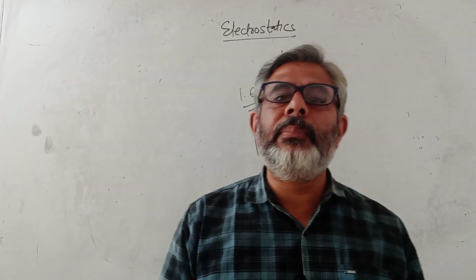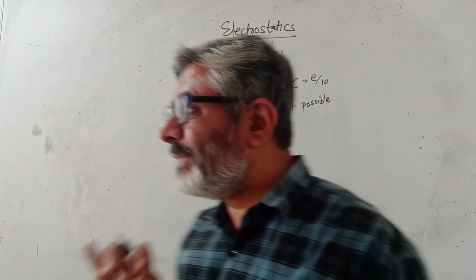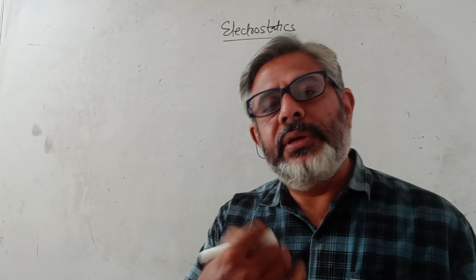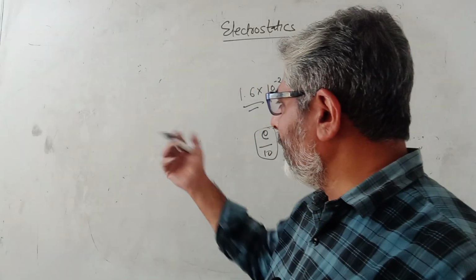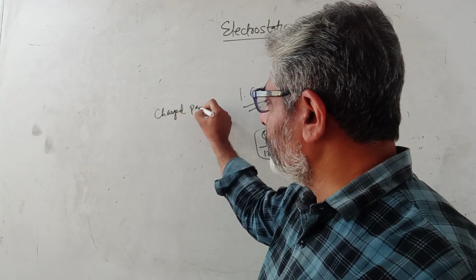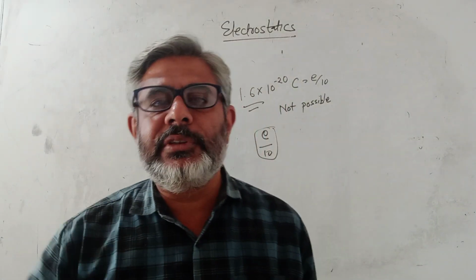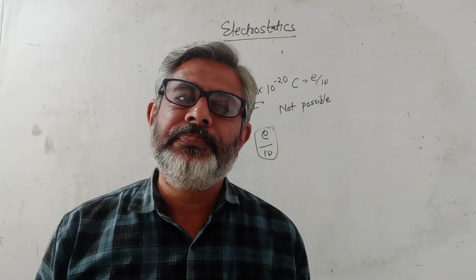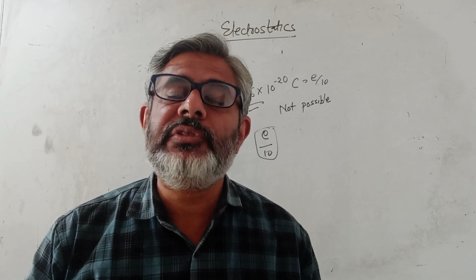You can rewind it and write down what I am saying: the total number of charged particles in an isolated system is conserved. You think this is conservation of charge, so you say it's right. But actually it is wrong. Look carefully, it is saying number of charged particles.